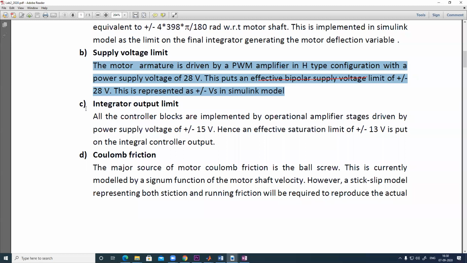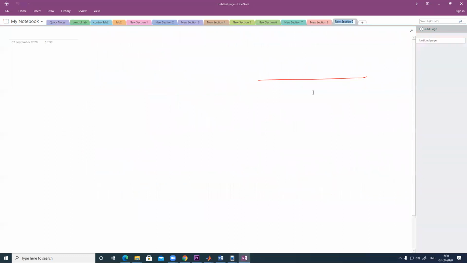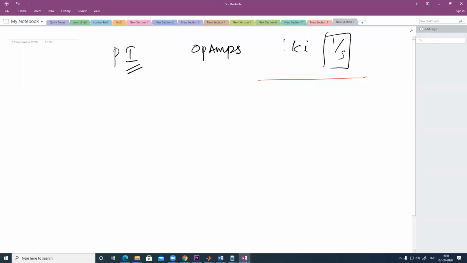And third one is integrated output limit. The integrated output limit is if you are having a PI controller. A PI controller is implemented using op amps only. And this integrator gain Ki is the gain, and 1 by S is the integral part.